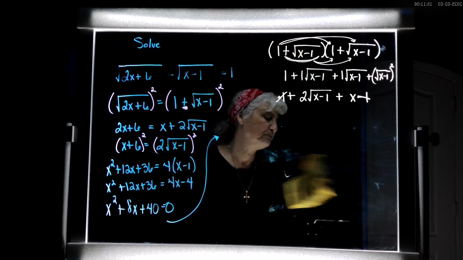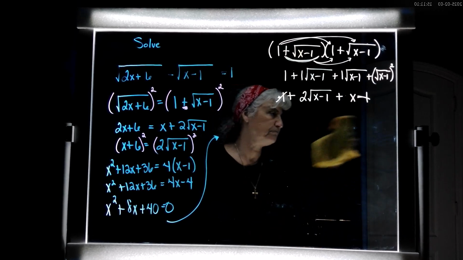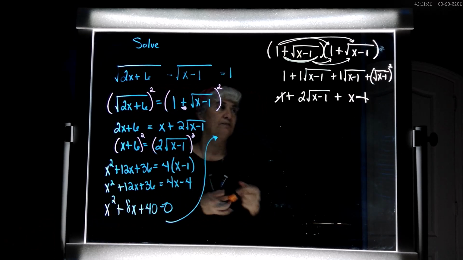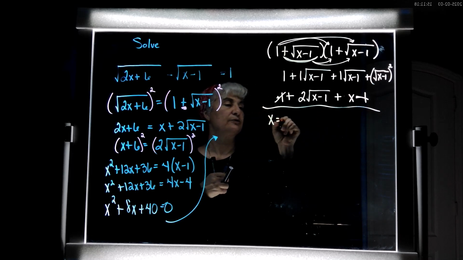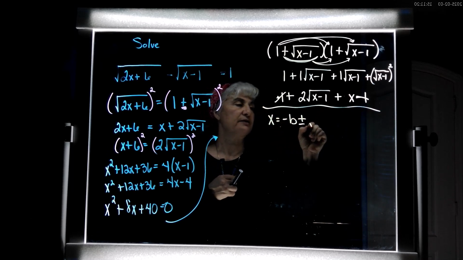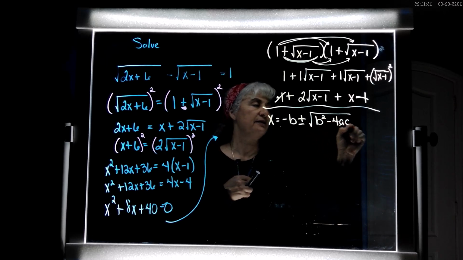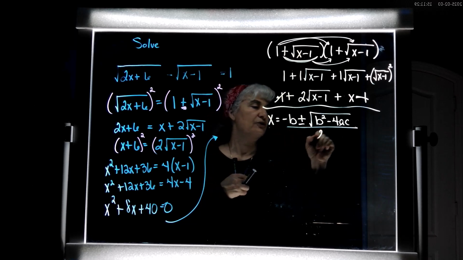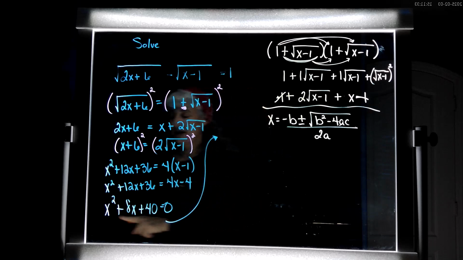Okay, let me write that down. I just need a little bit of board space. So x equals negative b plus or minus the square root of b squared minus 4ac, all over 2a. Okay, so remember, a, b, c.